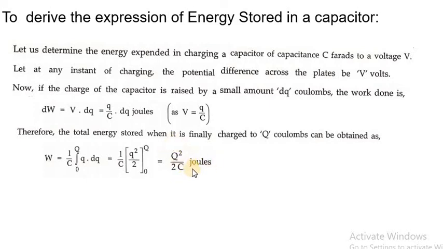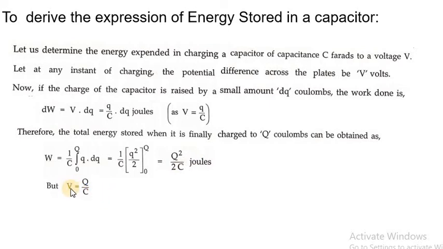So the total work done, or the total energy stored in the capacitor when the charge goes from 0 to Q coulomb, is Q square divided by 2C.